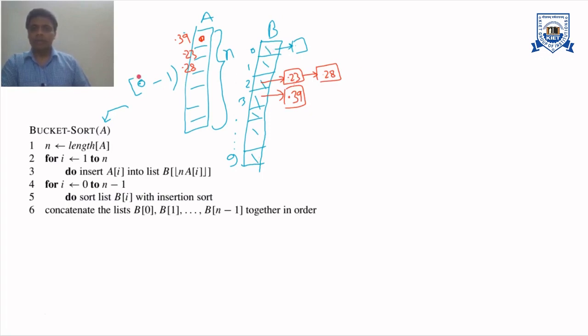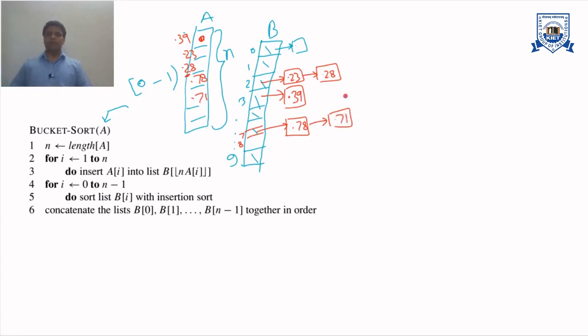If data is starting from 0.2, then it would go to bucket number 2. If data is 0.78, then this value would go to the 7th bucket, and 0.7 would follow. Further, let's say 0.71 would come, then we perform the insertion there.